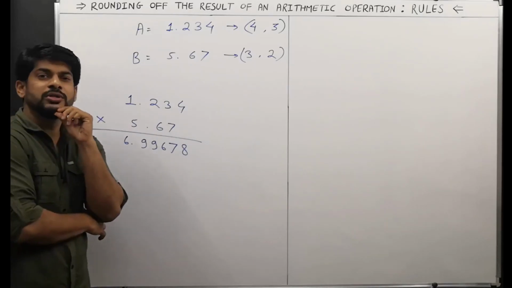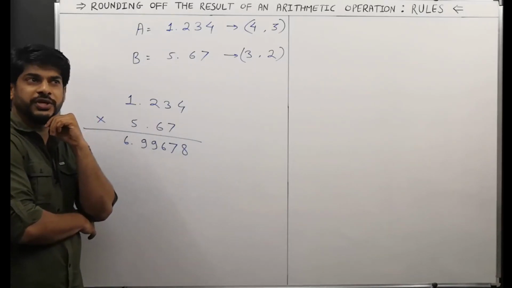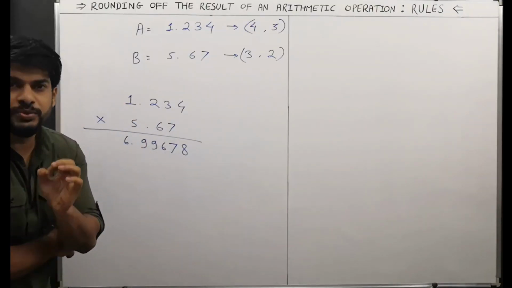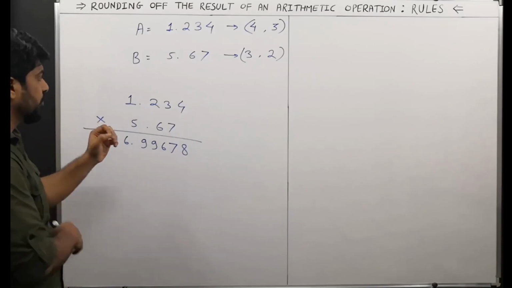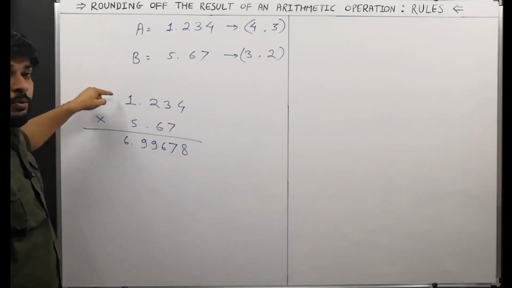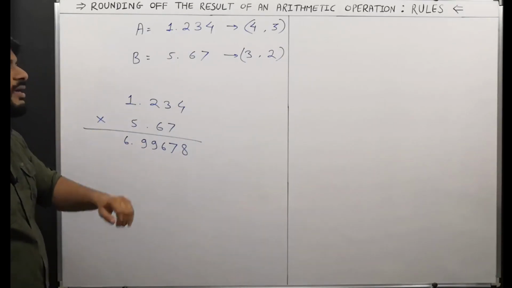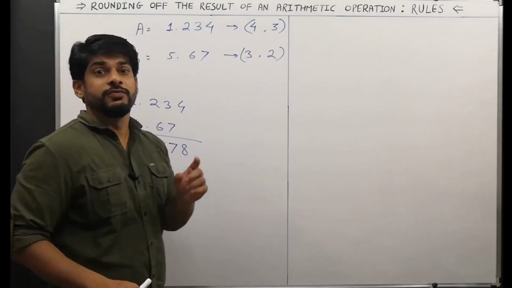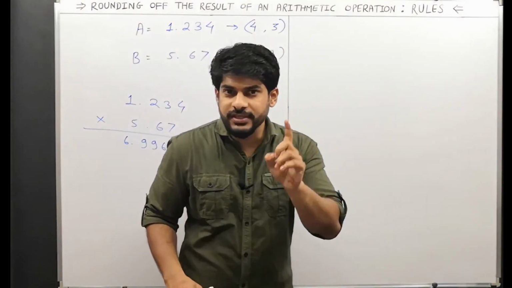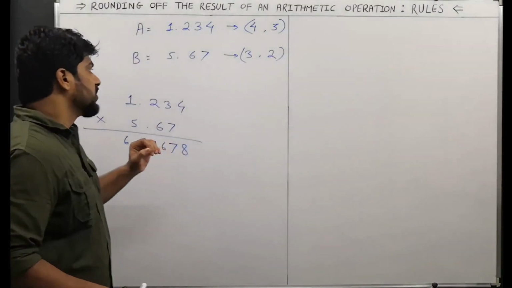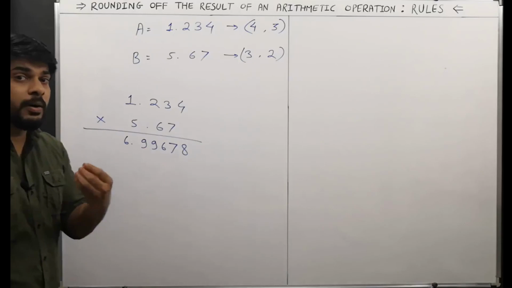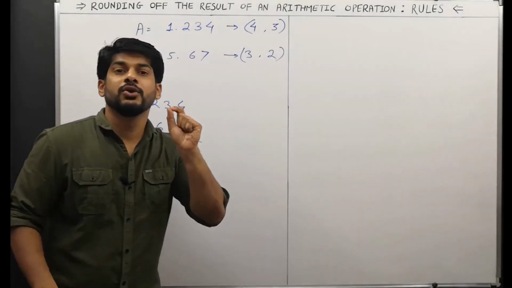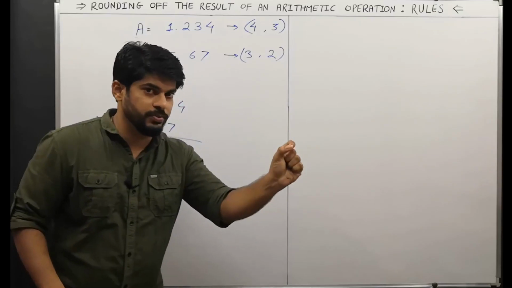This is not the actual way in which the result of these measured quantities should be represented. The result of the operation of these quantities should not be written like this. There are some things that need to be considered. First of all, if you remember, I said that significant figures talk about the precision of the instrument.